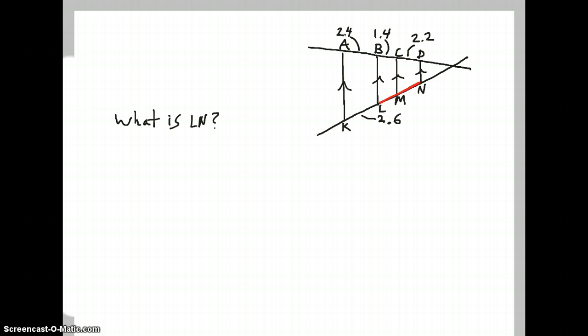Okay. I think our proportions could be set up something like this, where I'm going to make a ratio of LN to KL. So there's two red ones, and then on the other side, for the other transversal, I'll use some purple.